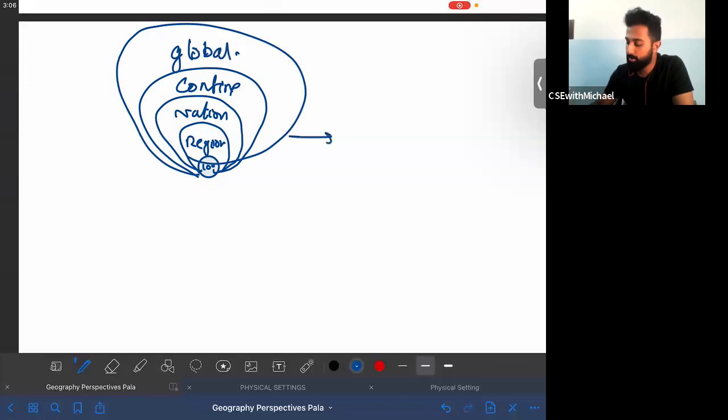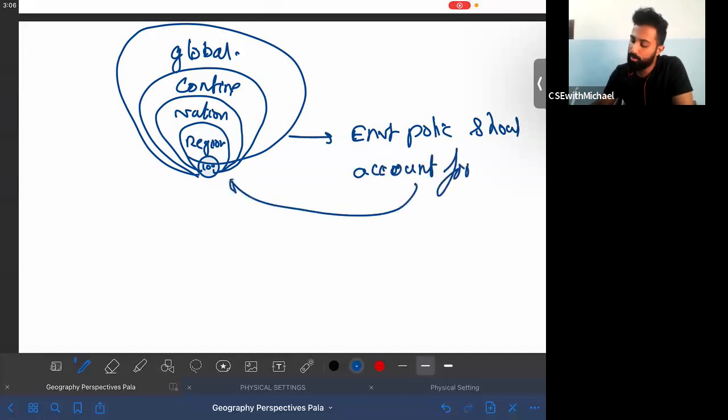So an effective environmental policy should account for all these matters. Every level should have relevance in each level.